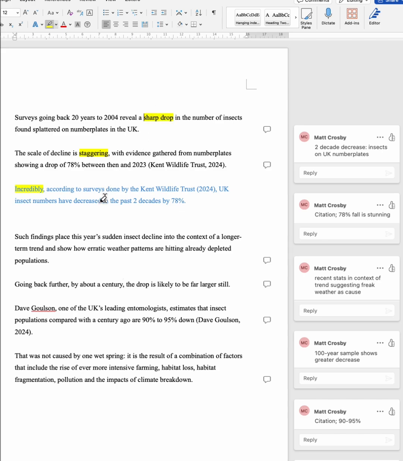Sharp drop has been changed to have decreased, slightly more academic. Time expressions or statistics are easy to find synonyms for because there are so many similar expressions. I've cut some detail here as well.